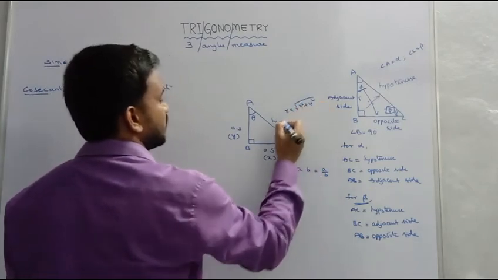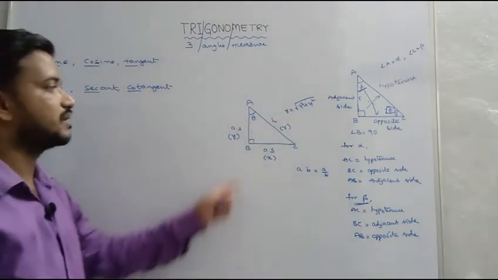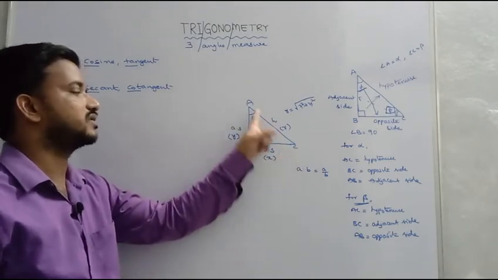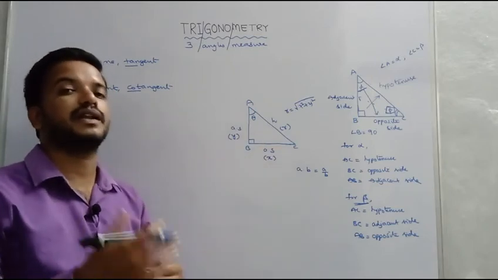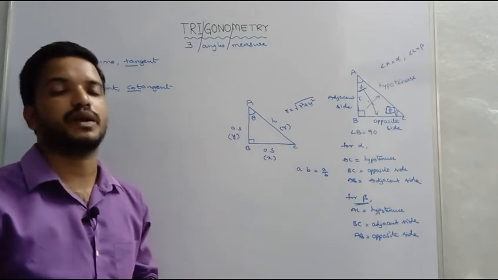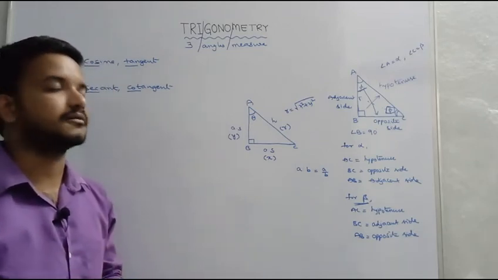The hypotenuse is calculated as the sum of squares of the remaining 2 sides. The remaining 2 sides are AB and BC, so we can write AC square equals AB square plus BC square. Every right angle triangle possesses that property, which is known as Pythagoras theorem, Pythagoras principle or Pythagoras law.